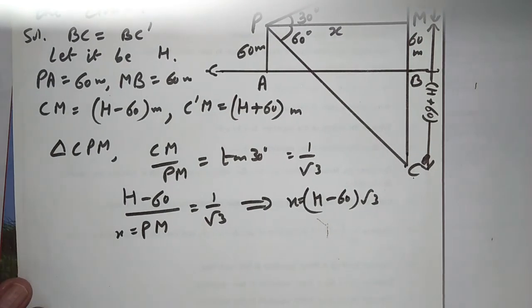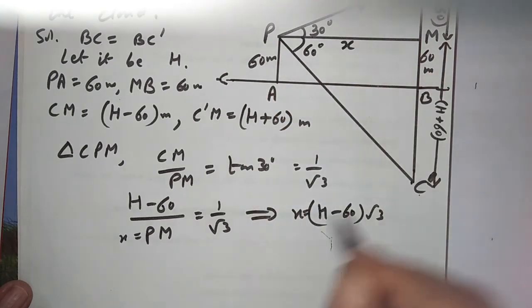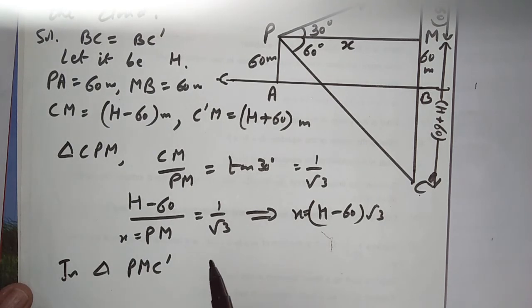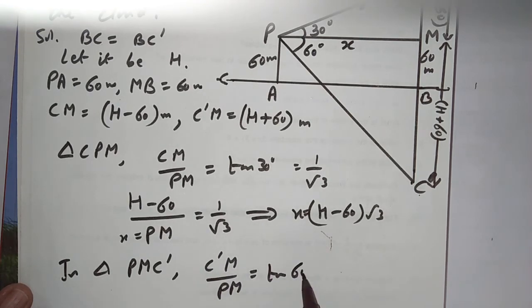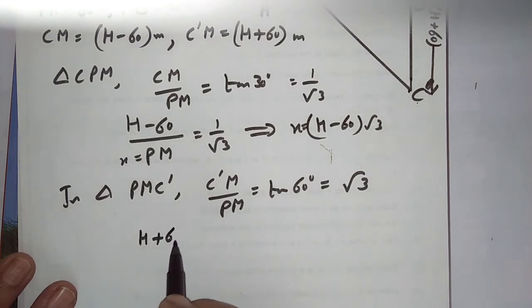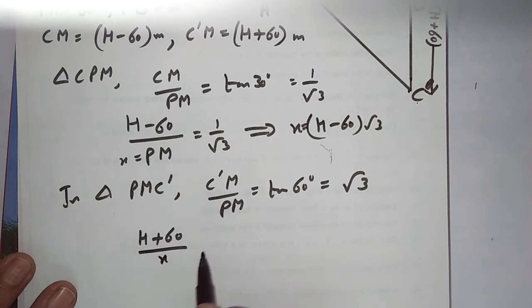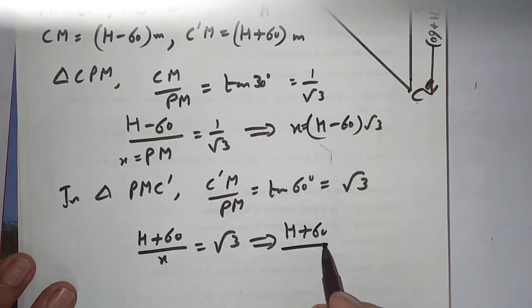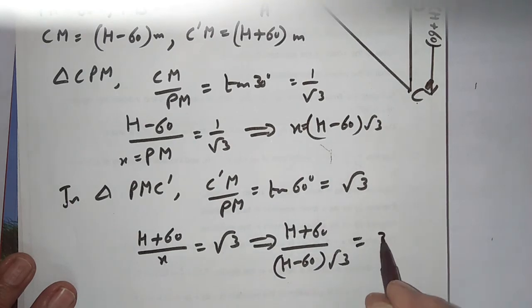Now you will take triangle PMC dash. In triangle PMC dash, again perpendicular is C dash M. C dash M upon PM is equal to tan 60, which is equal to root 3. C dash M is H plus 60 upon X is equal to root 3. Instead of writing X, H plus 60 upon H minus 60 root 3 is equal to root 3.